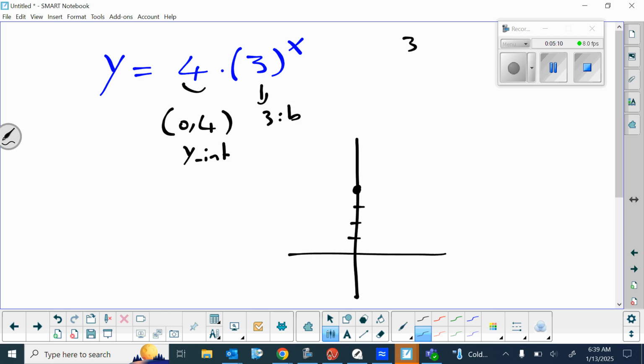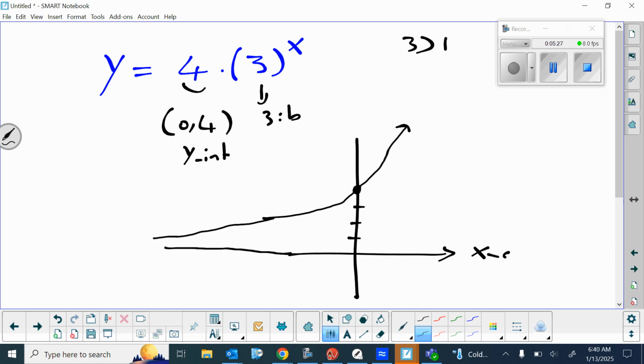In this case, 3 is greater than 1. So I know we have growth. Your graph is going to go up. And of course, as you go to the left, this graph will never cross the x-axis, because in this case, the x-axis is the asymptote. That's what we call an asymptote, the line that the graph never crosses. And the equation of the x-axis is y equals 0.